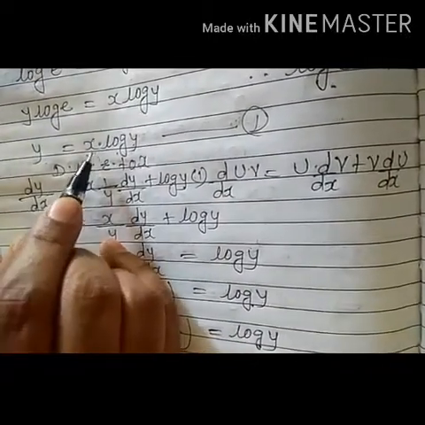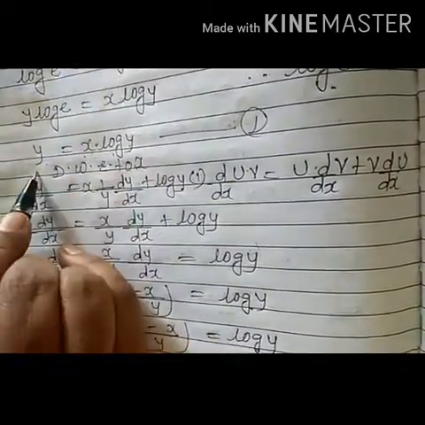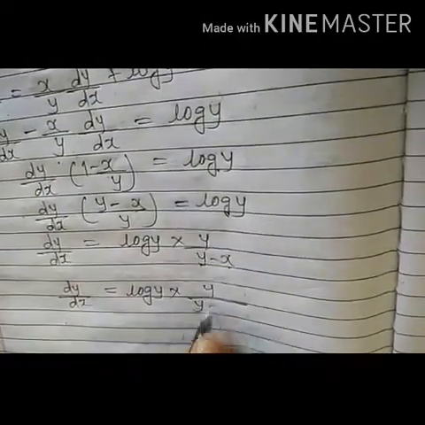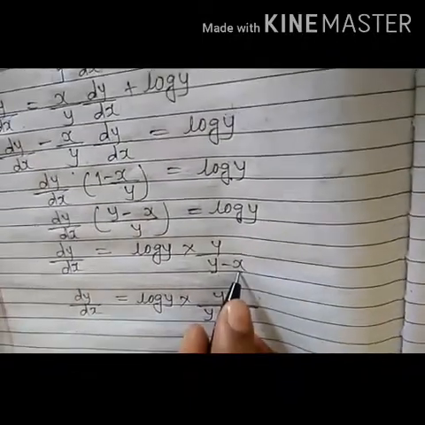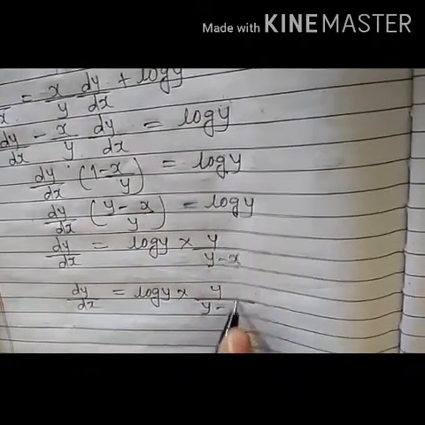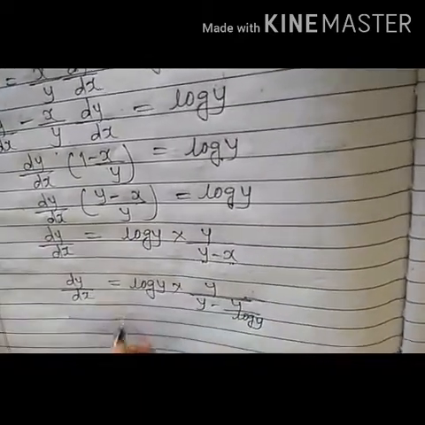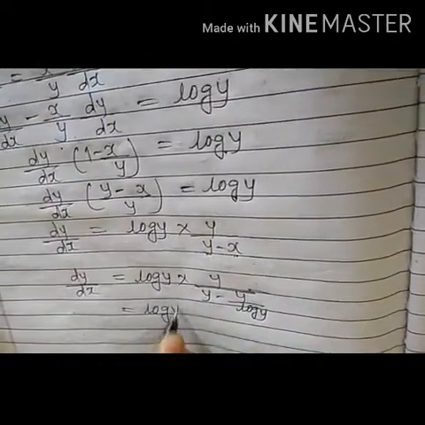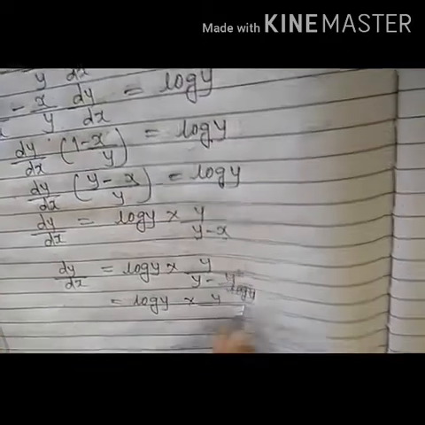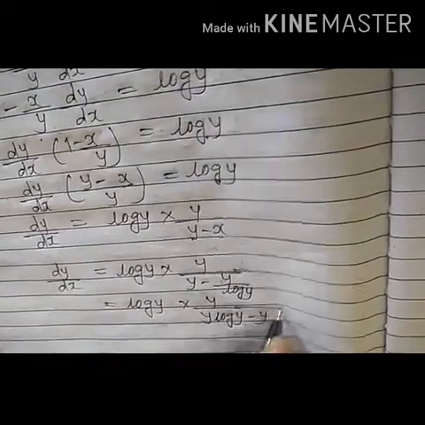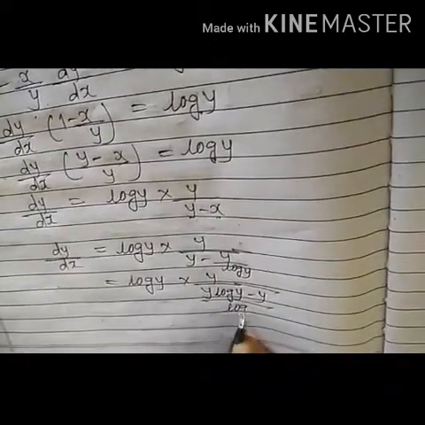Then replace x with y upon log y. Log y into y minus, how to write, y upon log y. Log y into y upon y minus y divided by log y.